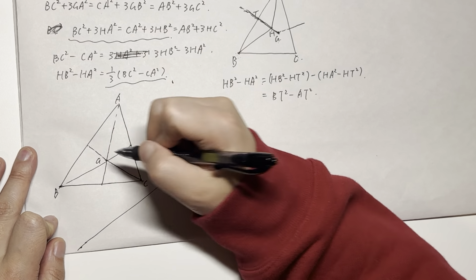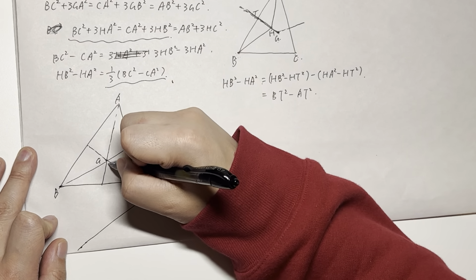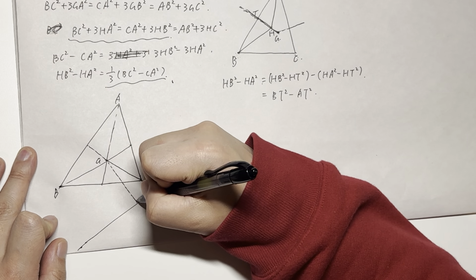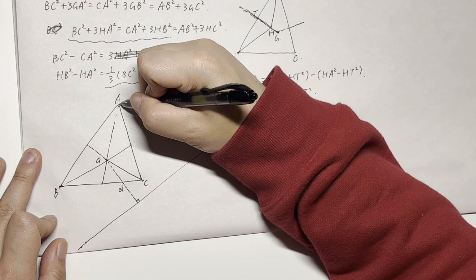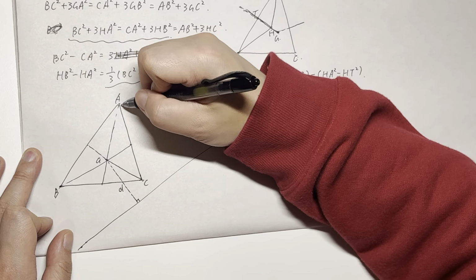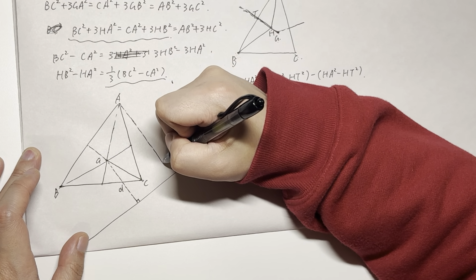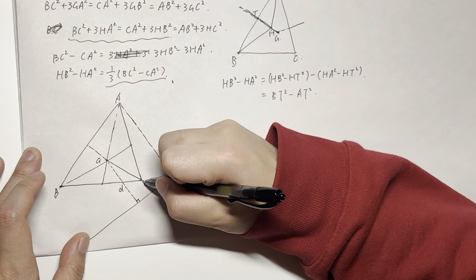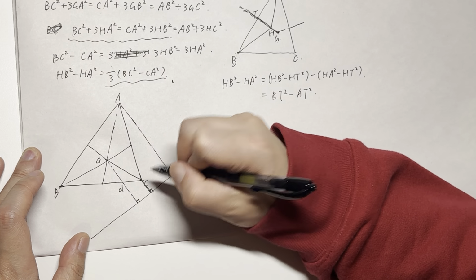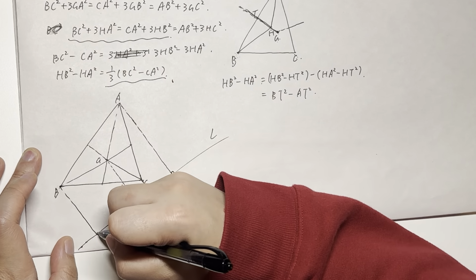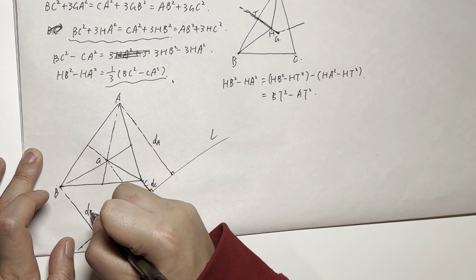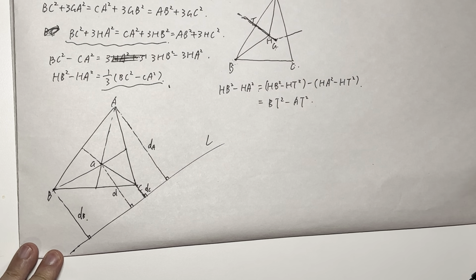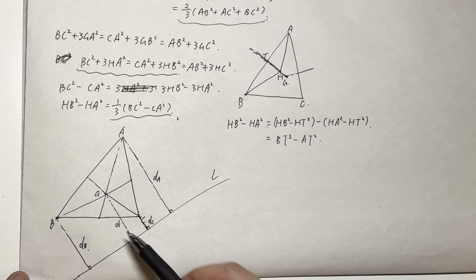The distance from G to this line L, let's call it D. And the distances from A, B, C to the line L we call DA, DB, and DC, respectively. We want to find the relation between D and DA, DB, DC.